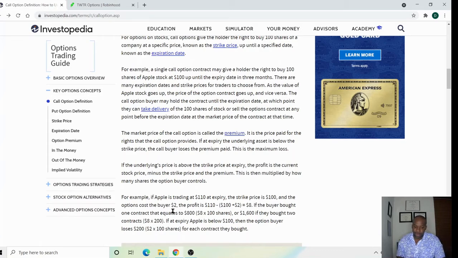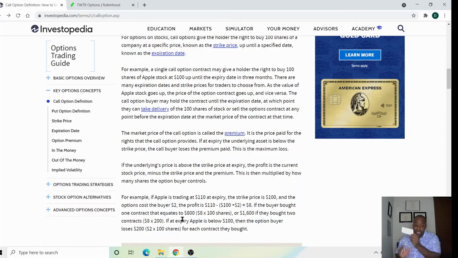It's a $2 premium, it's $2 per share. Per 100 shares, that's $200. So 110 minus 100 gives you $10, minus 2 gives you the $8, multiplied by 100 gives you $800 profit.